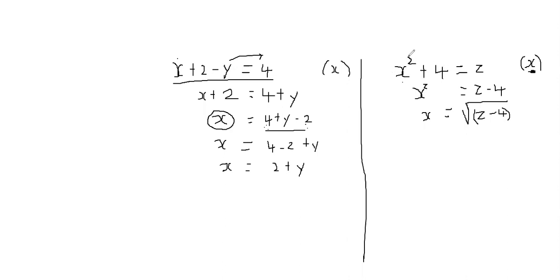We know that this power is closest and this one is the farthest. So we carry over the 4, and then we come to the power. This 4 is added, plus 4. So when we come over, it becomes a minus 4.